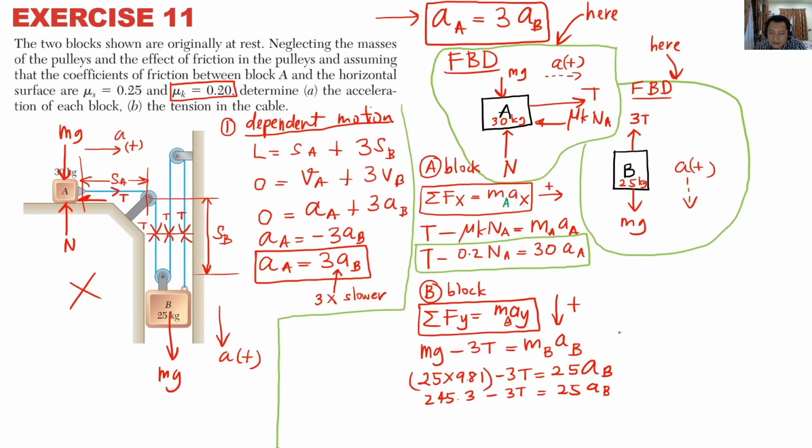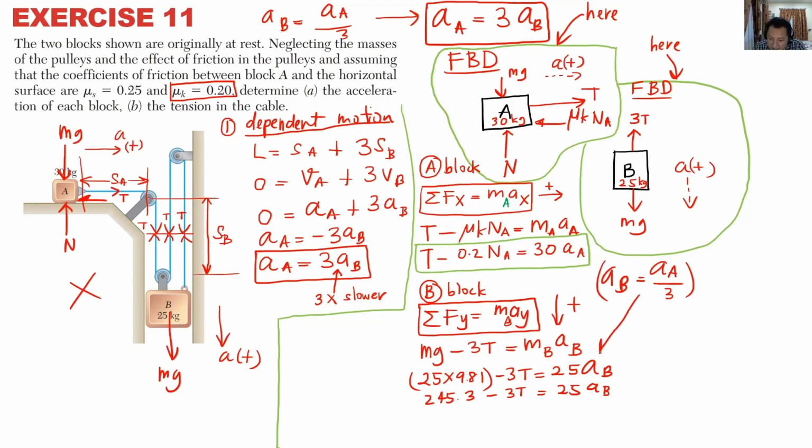Oh, replace even better. Replace lah. So let's replace. Actually, AB is equivalent to 1/3 AA. From here, AB is equal to AA divided by 3. Okay, let's replace. AB is equal to AA divided by 3.